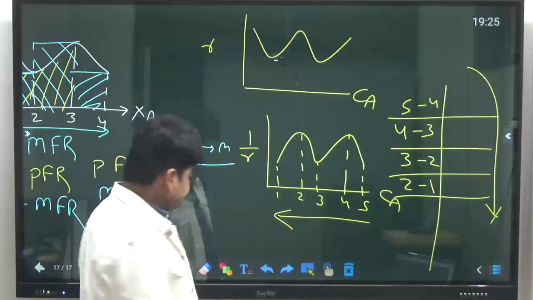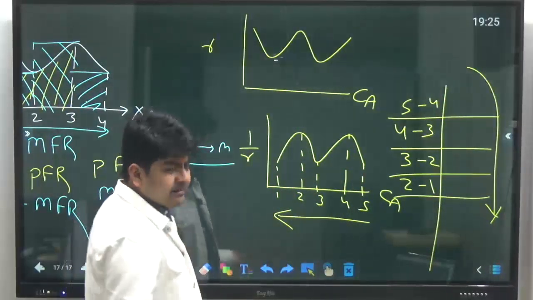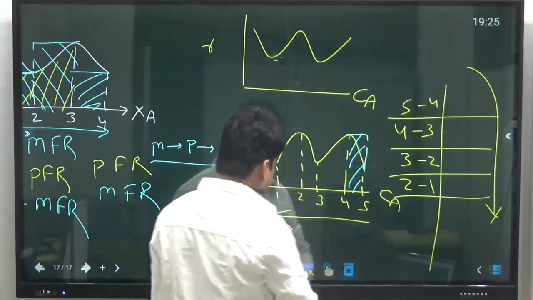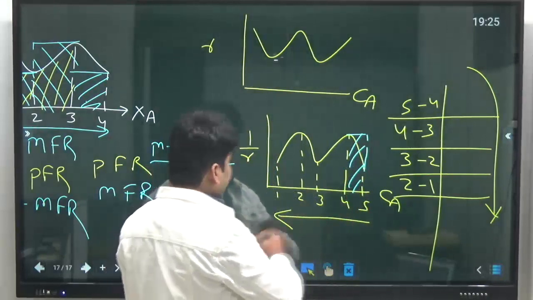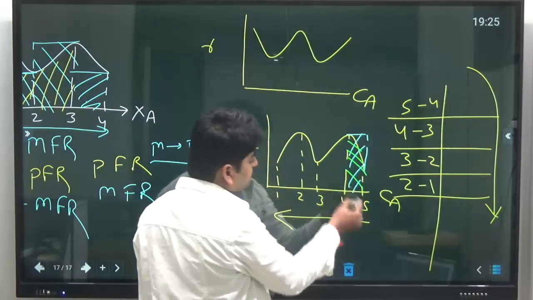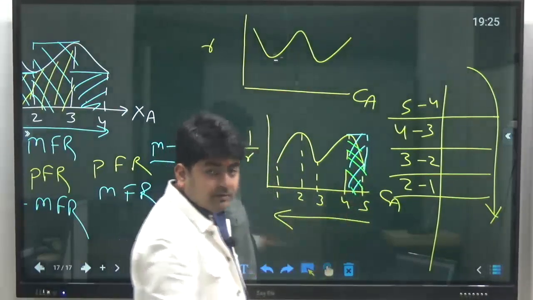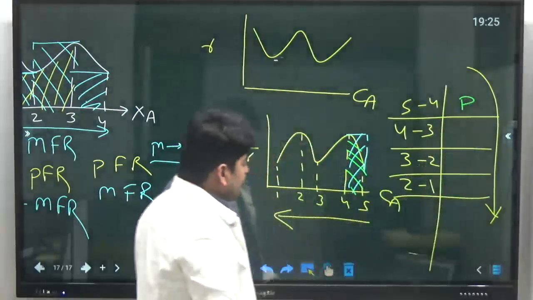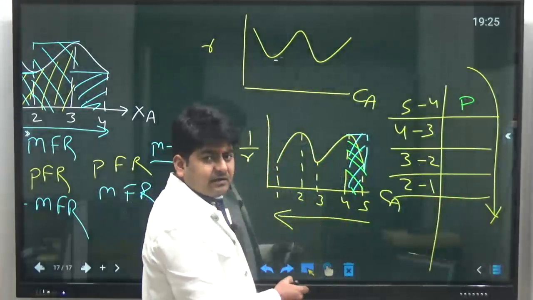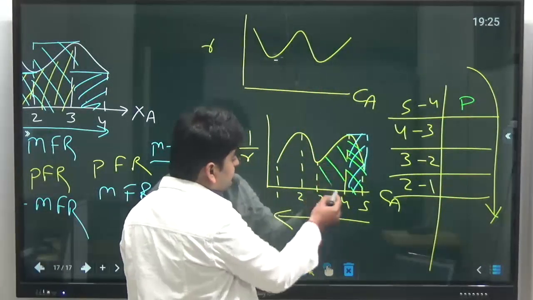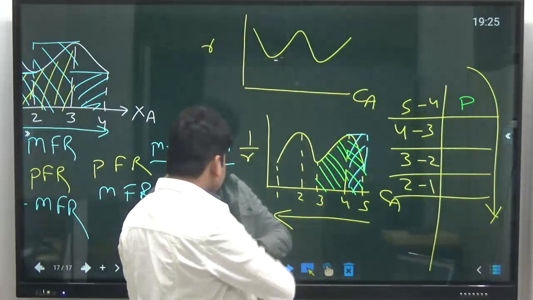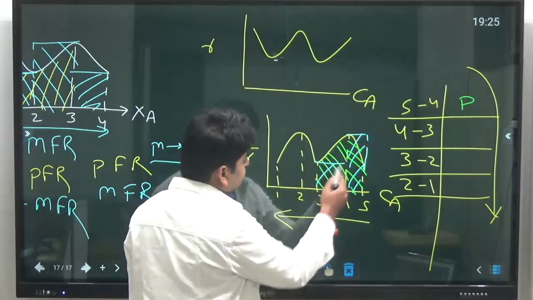Okay. So for the first segment, again the area governed by MFR will be this much, and the area governed by PFR will be the area under the curve. So what will I prefer? I will prefer PFR because it requires less area. In the second segment, 4 to 3, the area governed by PFR will be the area under the curve, and the area governed by MFR will be the rectangular area.